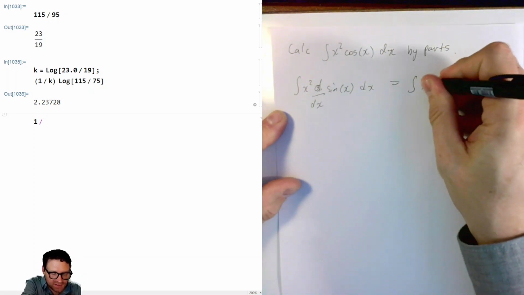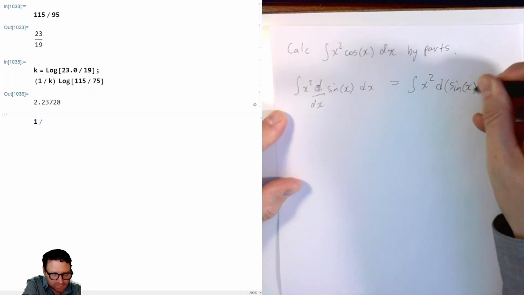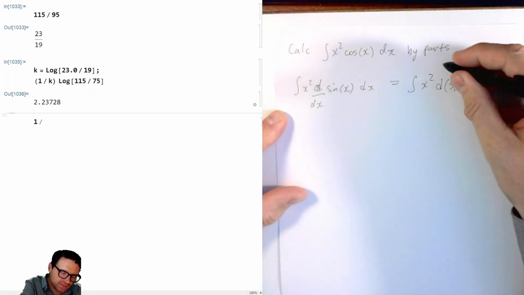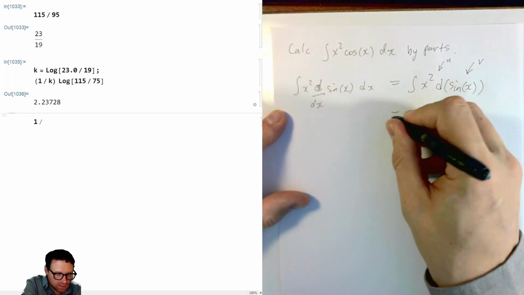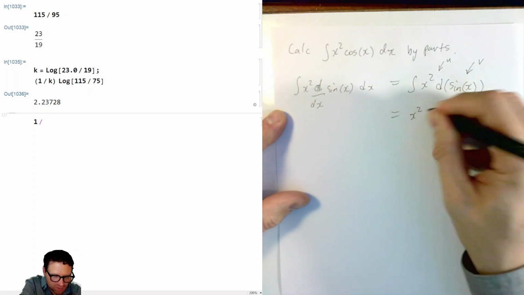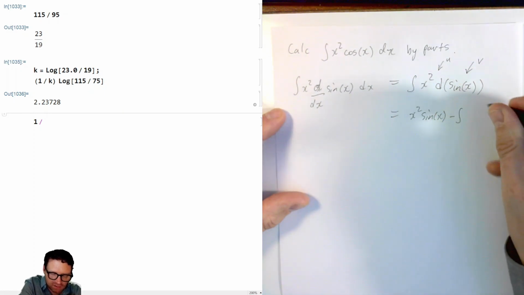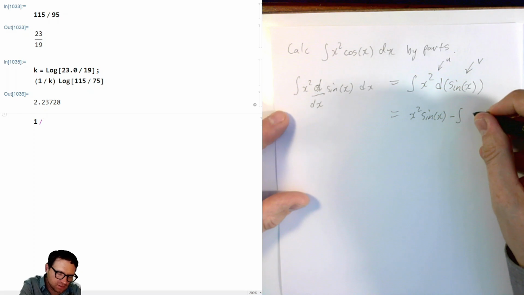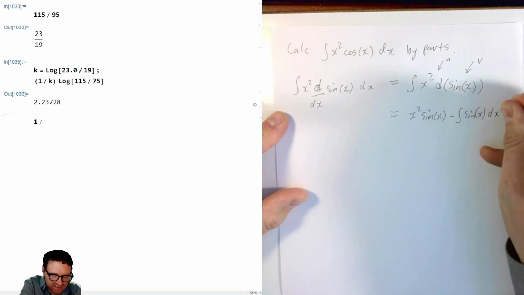And so we can write this as x squared d sine of x. Then let's say this one's u and this one is v. And so we then get x squared sine of x minus the integral of the other way around, which is sine x d(x squared).